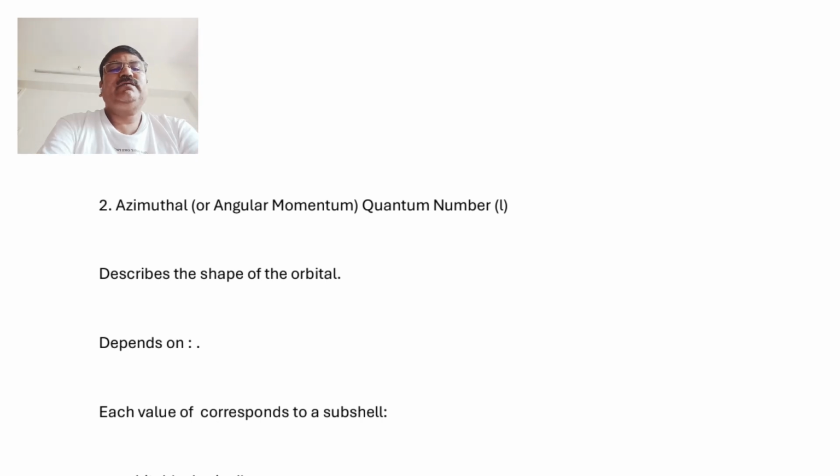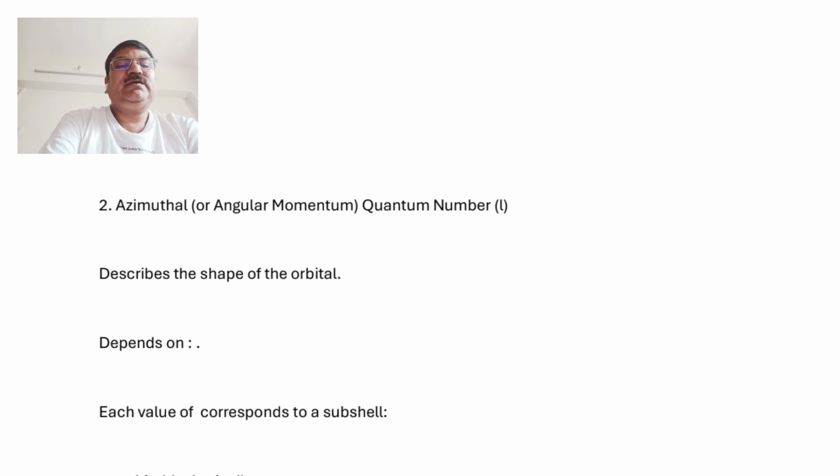The azimuthal quantum number always describes the shape of the orbital. What is the shape? It is explained by the azimuthal quantum number.